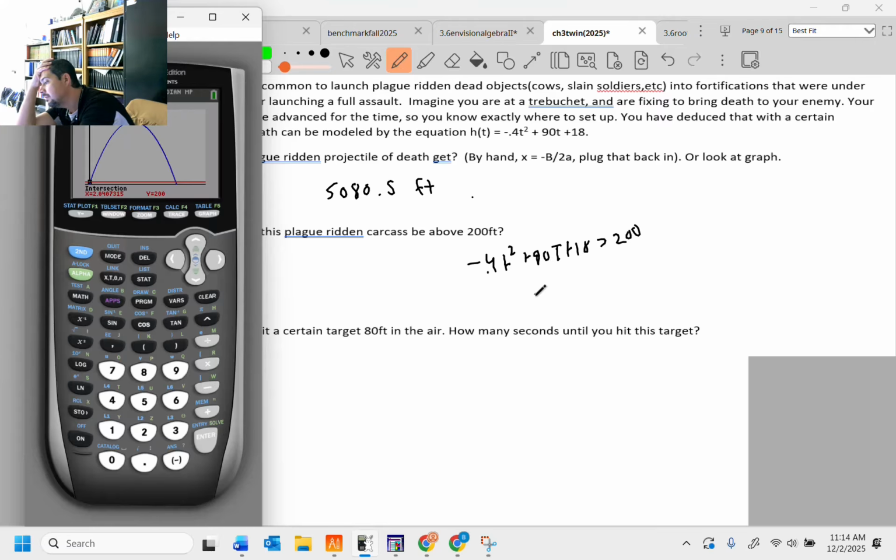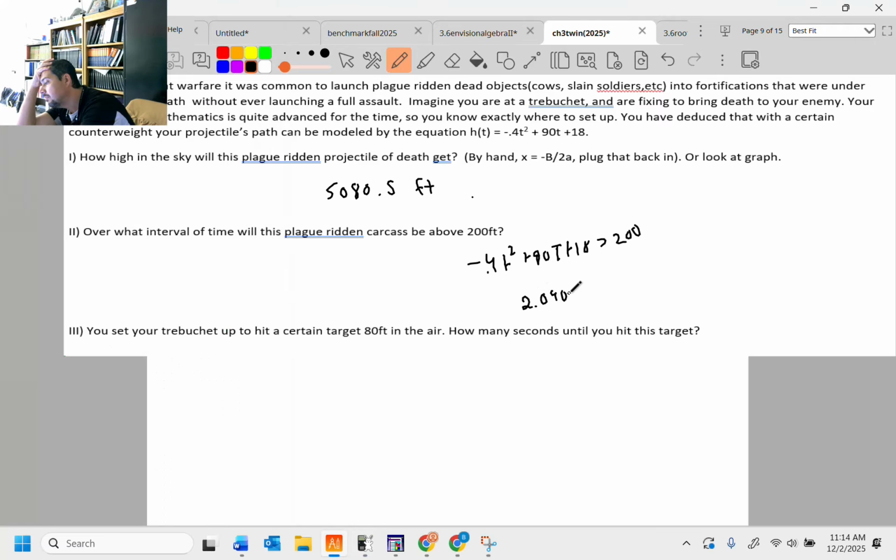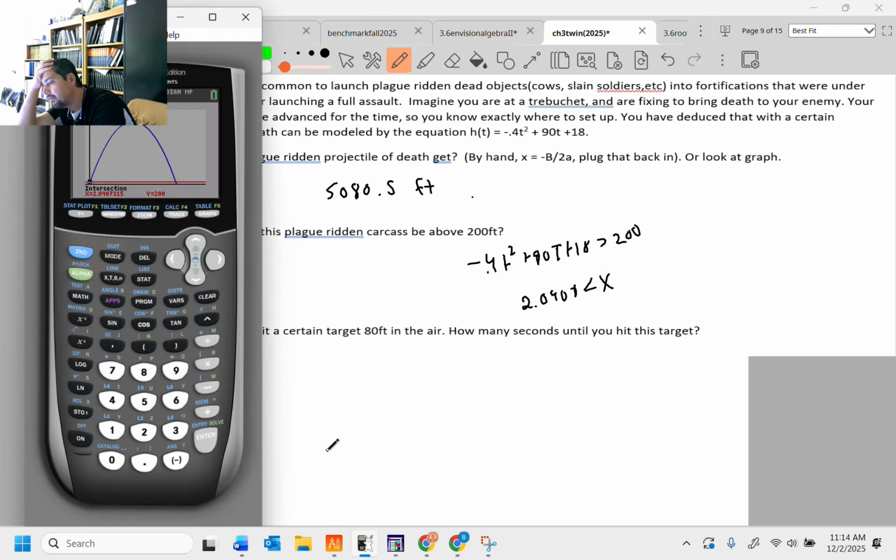So 2.0407 is my left boundary. So X is greater than that. And what's my right boundary? Second trace 5. I'm close enough.